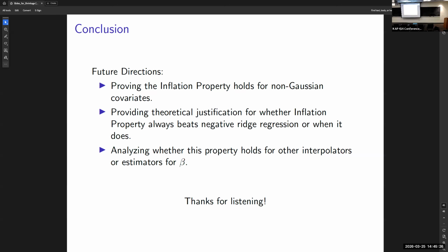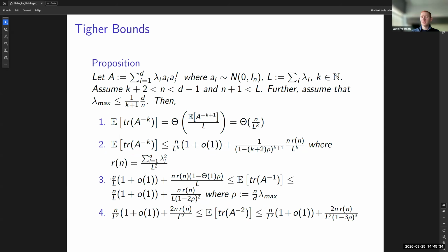Can you prove concentration instead of expectation for that trace A minus K? You can do some probability bounds, but in general, there's not an easy way. People often would think we could look at some of the concentration results from Wishart matrices, but because of these lambda i's, you really can't use some of the concentration that we have there.